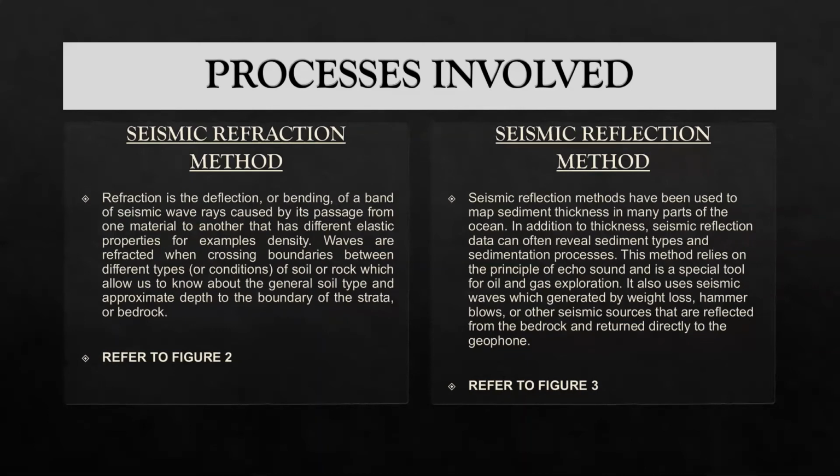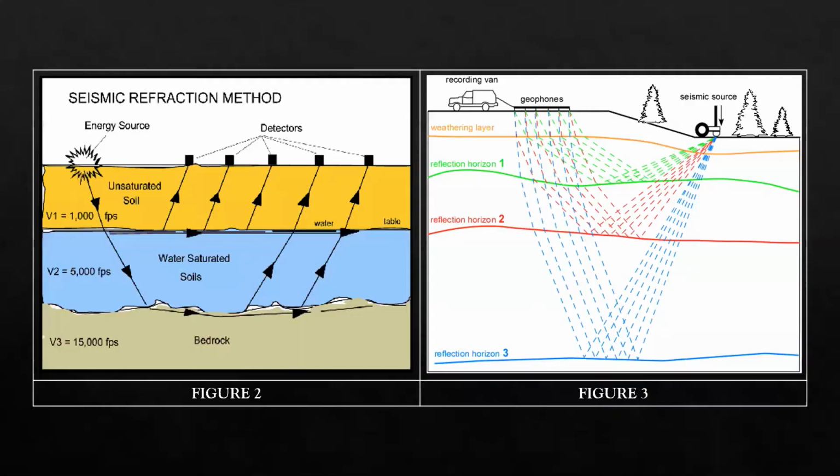Please refer to Figure 2 and Figure 3 for further explanation. For Figure 2, which is a refraction method, energy sources such as explosives will be indicated and the wave will be refracted based on the angle and velocity, and data will be collected by the detectors.